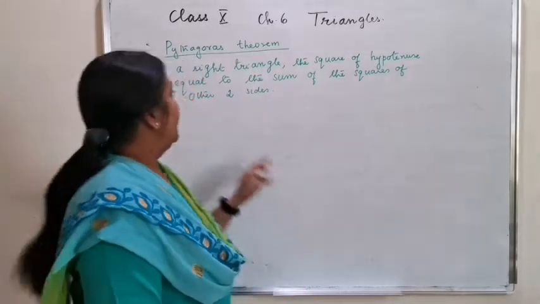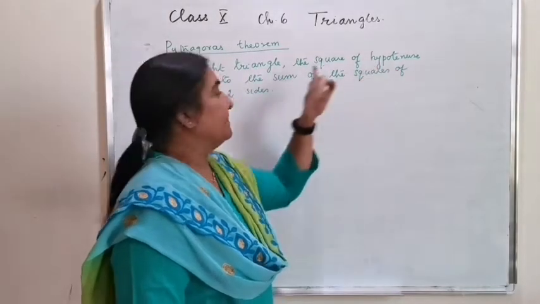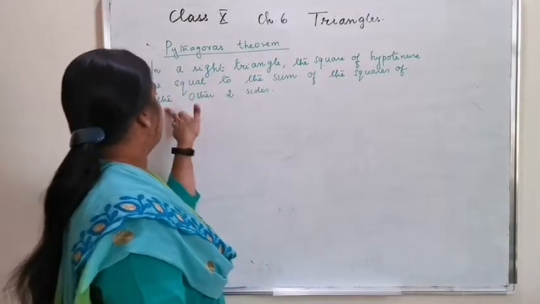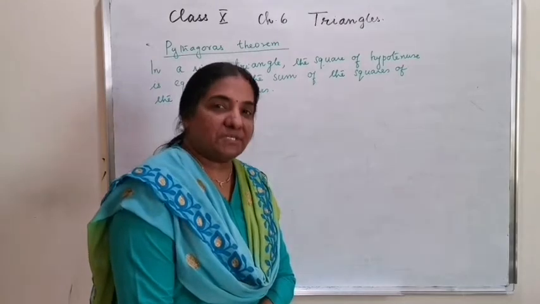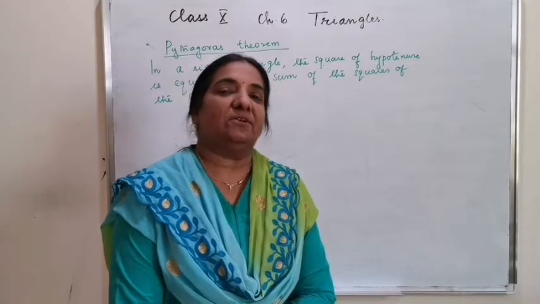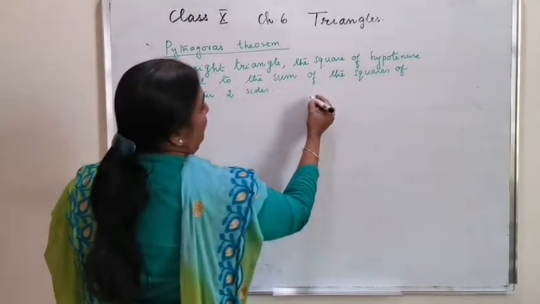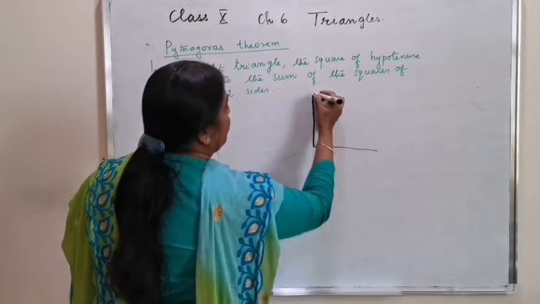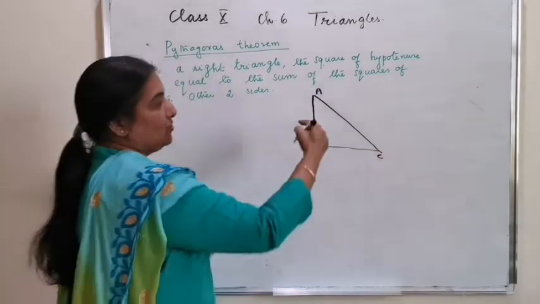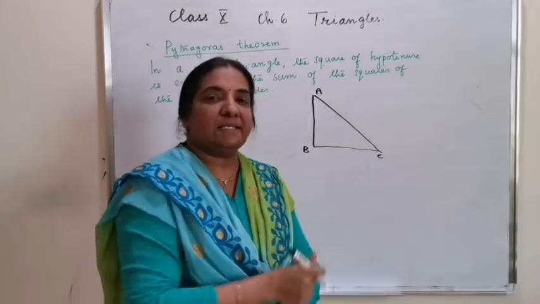Pythagoras Theorem. In a right triangle, the square of the hypotenuse is equal to the sum of the squares of the other two sides. You need to study the statement also, because for the exam they may ask to state and prove Pythagoras Theorem. In a right triangle, so the figure given, triangle ABC is right angled at B. You may also draw it in an upside down position, but this will be familiar to you from the previous explanation.